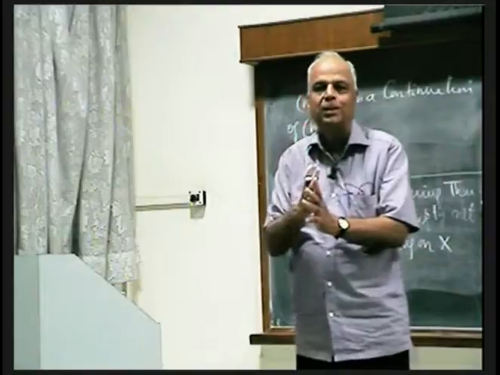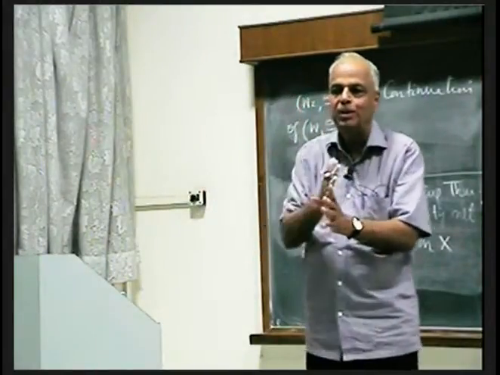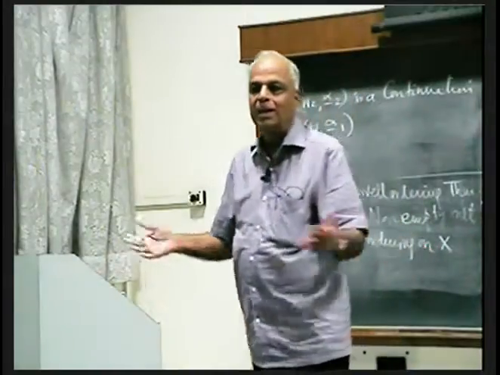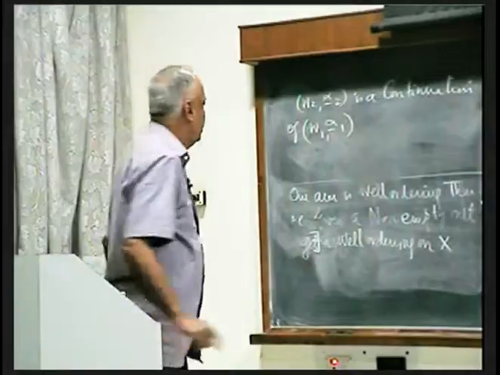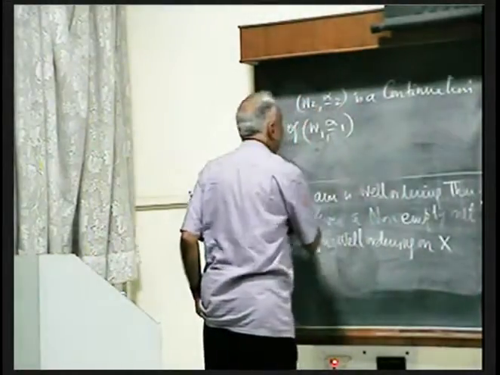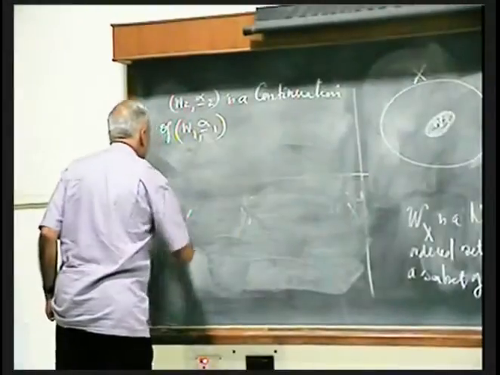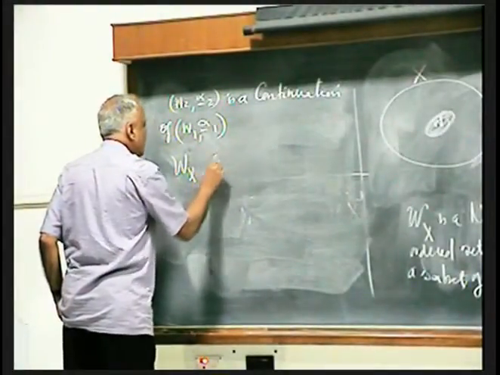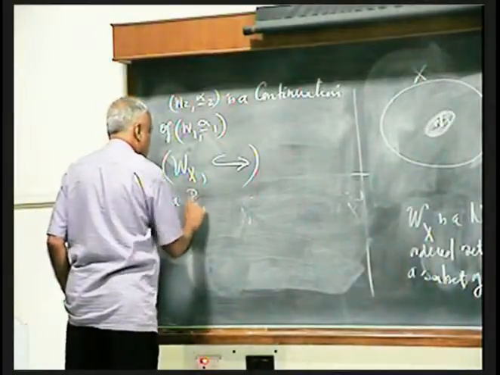If this fellow is continued by that fellow and that fellow is continued by this fellow, then the only way it can take place is both are the same. So these are all very easy to see. Therefore, W, the collection of all well ordered sets with this relation, is a partially ordered set.